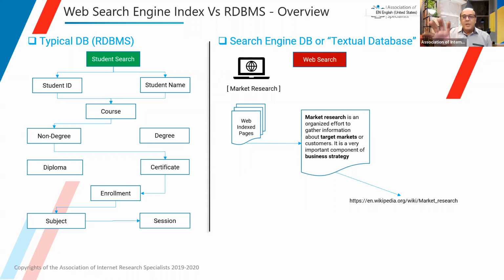That means it's going to look at all of the content at once and not go through a process, which means that with one click on a student name, you're going to get one piece of information which leads you to another piece of information in a hierarchical way. But in the textual database, it is not how it is set in an RDBMS.